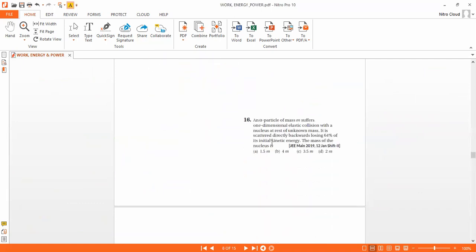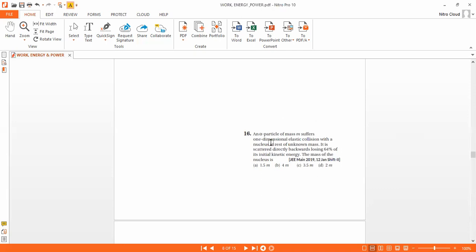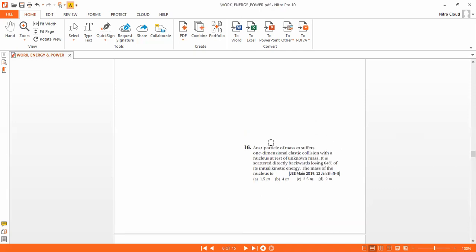An alpha particle of mass m suffers a one-dimensional elastic collision with a nucleus at rest, of unknown mass. It is scattered directly backwards, losing 64% of its initial kinetic energy. Then the mass of the nucleus is?